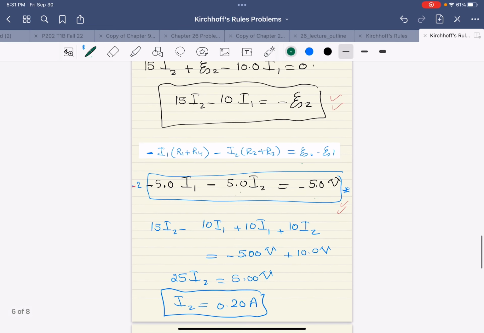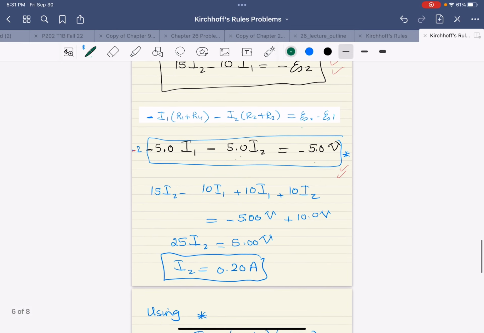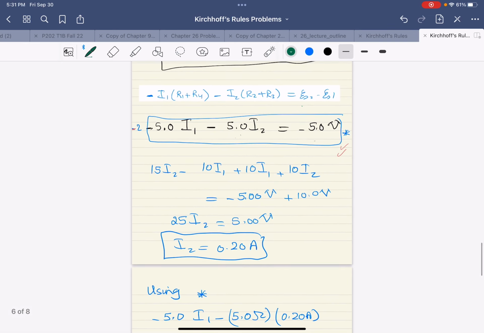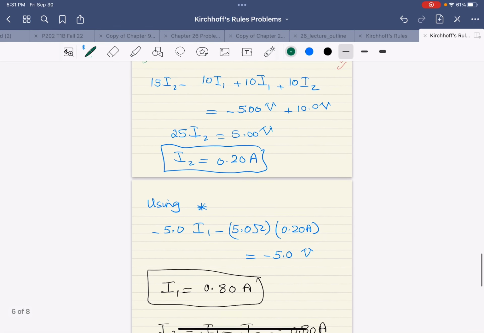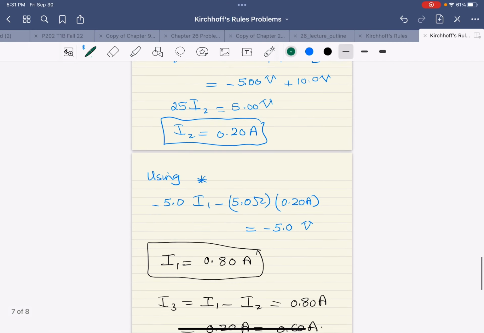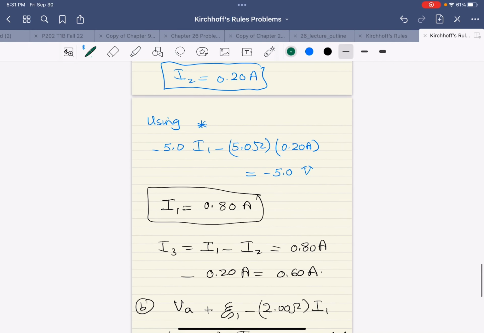Then I added the two equations together, and therefore I was able to calculate I2 to be 0.20 amperes. Again, I want to find I1, therefore I used this to substitute in, and from that I calculated I1 to be 0.8. Then I know that I3 is I1 minus I2, so I just subtracted the two values.